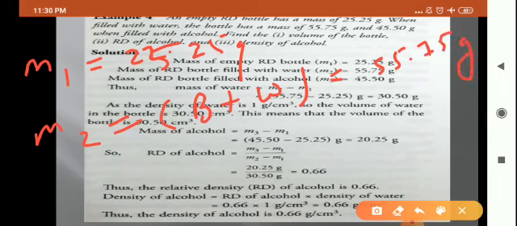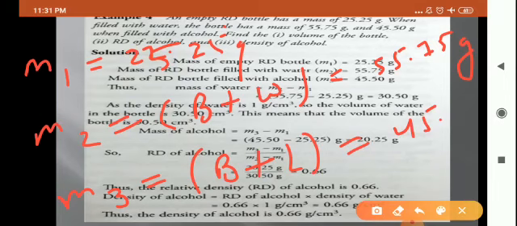And 45.50 gram when filled with alcohol. Now what is the unknown liquid here? Alcohol is the liquid. Do you remember what we were denoting? M3. So M3 is the mass of the bottle plus this liquid, which is your alcohol. So what is that mass given here? 45.50 gram.